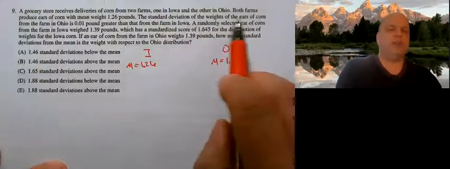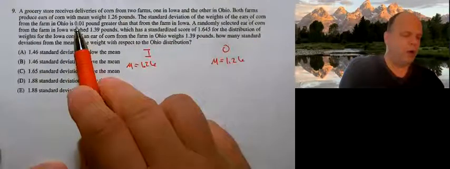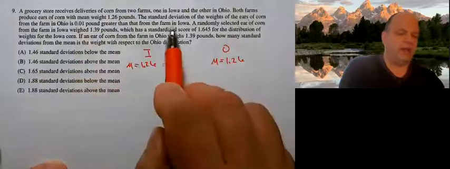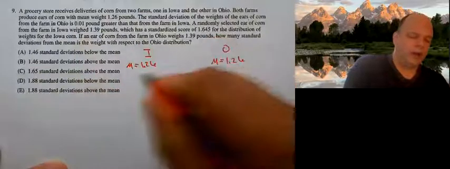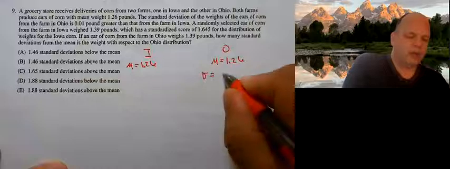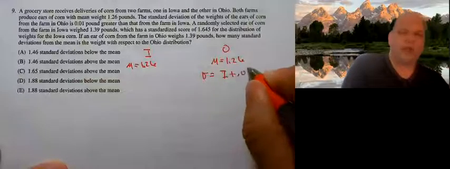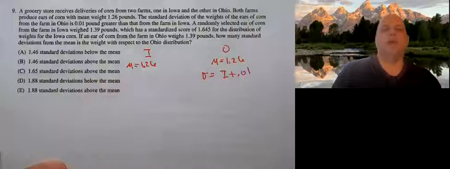The standard deviation of the weights of the ears of corn from Ohio is 0.01 pound greater than from Iowa. So I don't know anything about the Iowa one, but I know the Ohio standard deviation is equal to the Iowa standard deviation plus 0.01. And I'll come back to that in a moment.